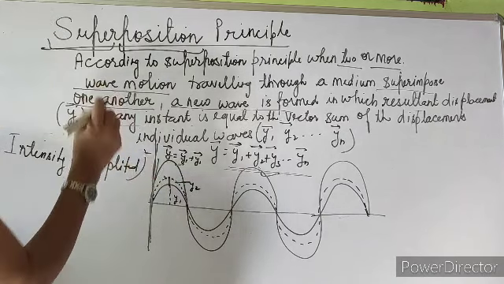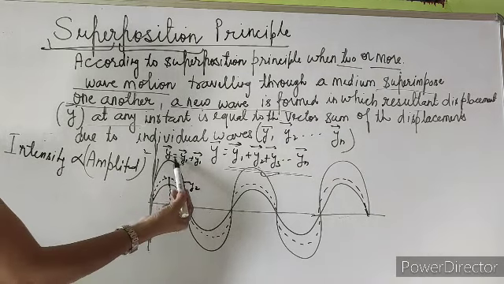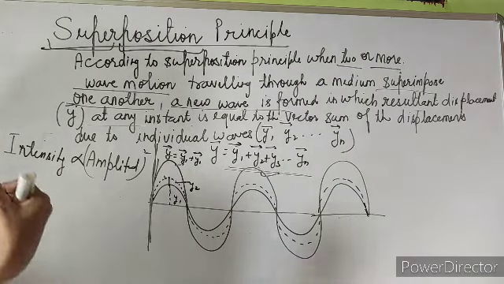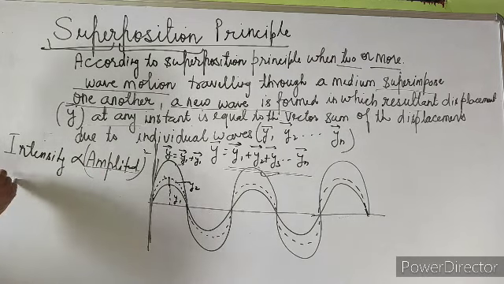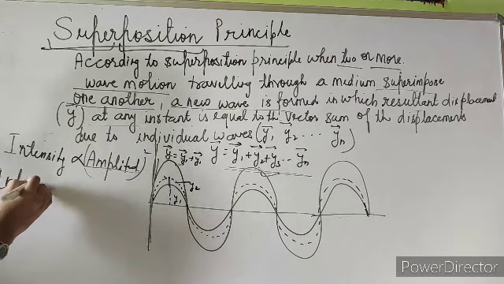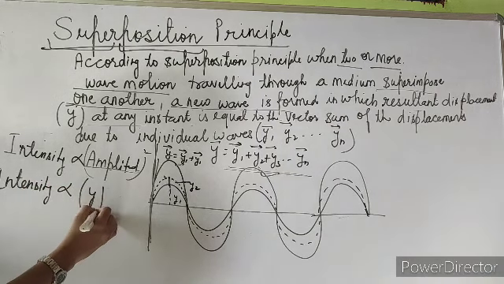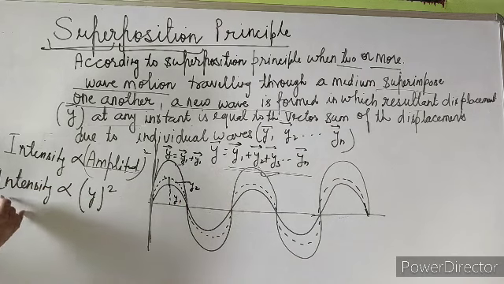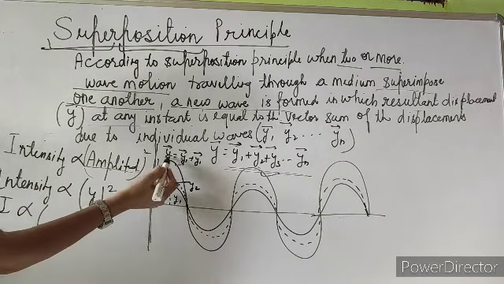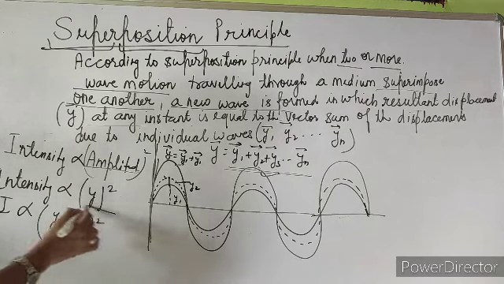Here amplitude is marked by displacement, so intensity would be directly proportional to y square, where y is equal to y1 plus y2, so intensity is proportional to (y1 + y2) whole square.